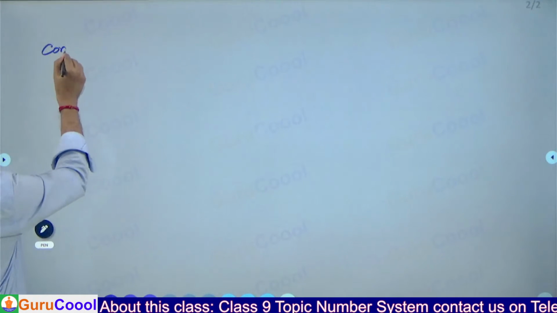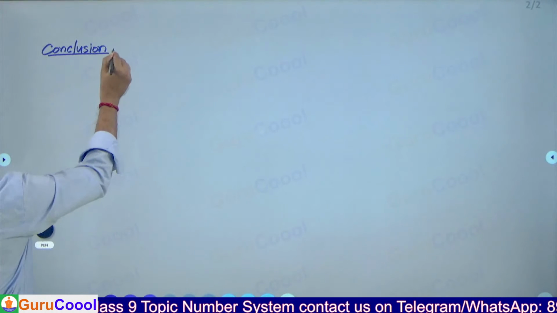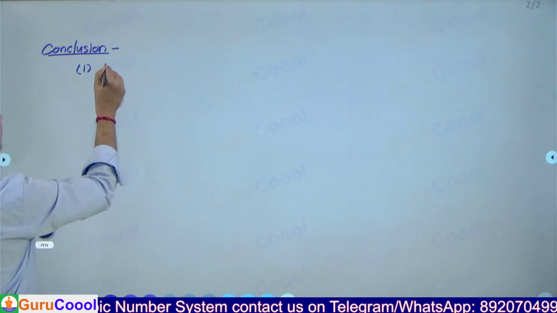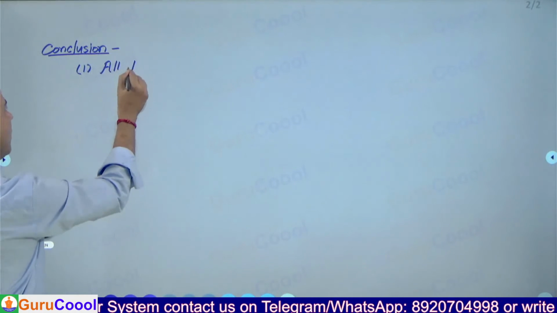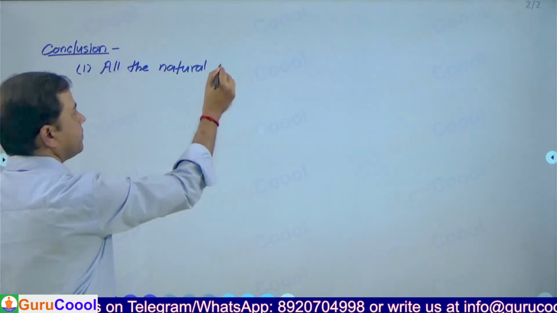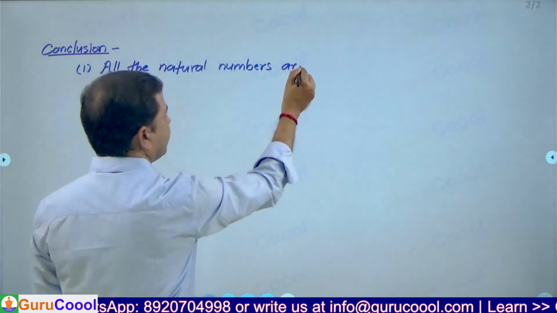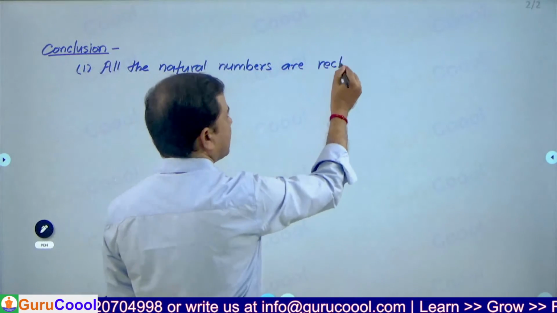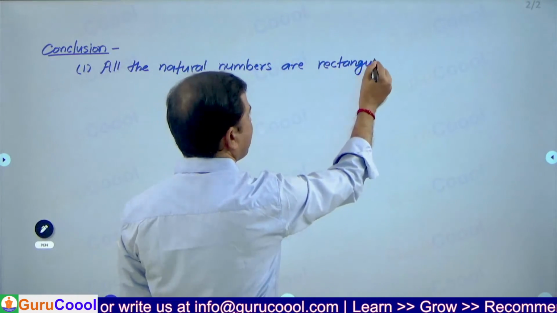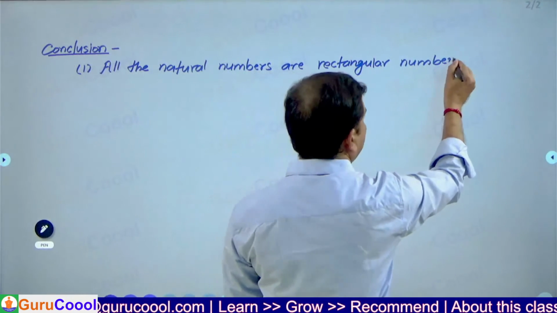Let's write the conclusion now. Conclusion. All the natural numbers are rectangular numbers.